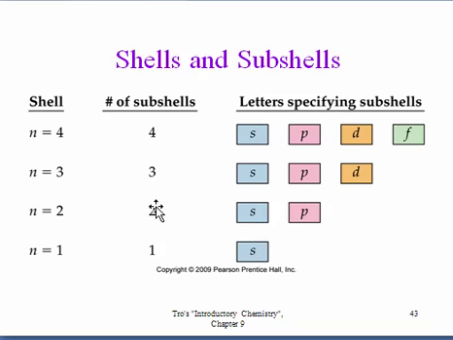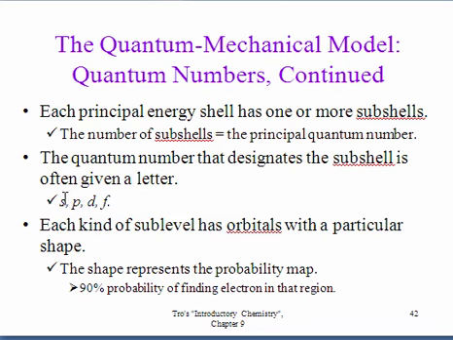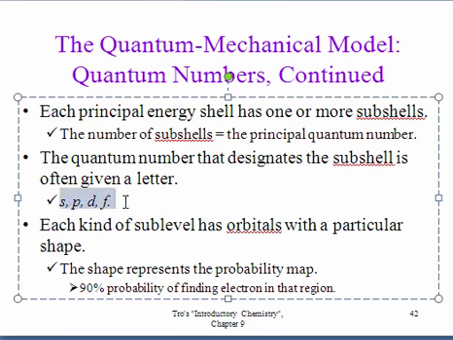In the second shell, we have 2 subshells that is always the S and the P. In the third shell, or third energy level, we always have 3 subshells, S, P, and D. And in the fourth shell, or fourth energy level, we always have 4 subshells. They are always S, P, D, and F. So our subshells are indicated by these letters, and then within our subshells are orbitals with a particular shape.